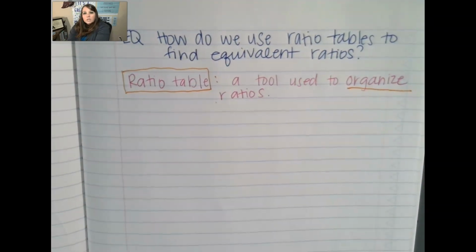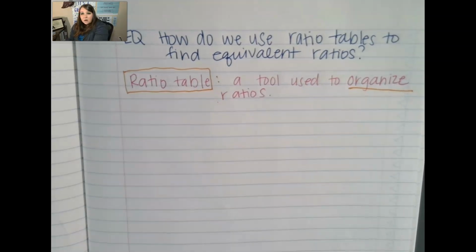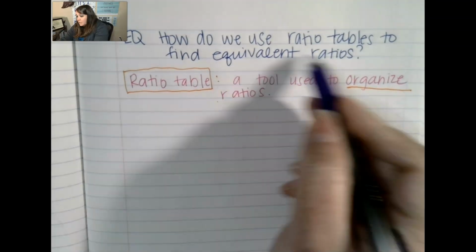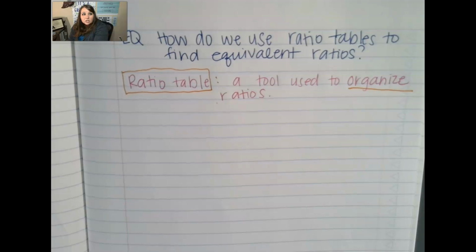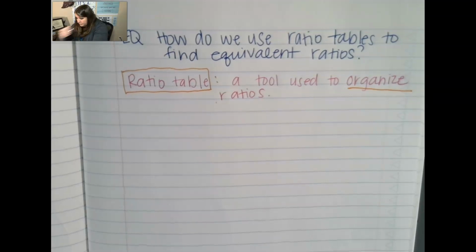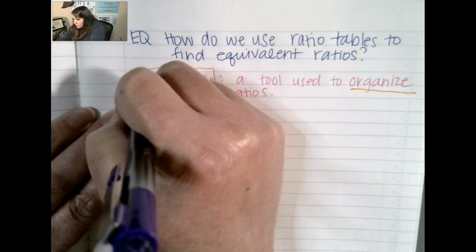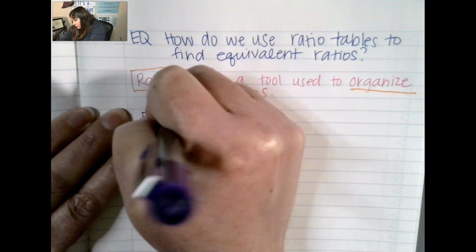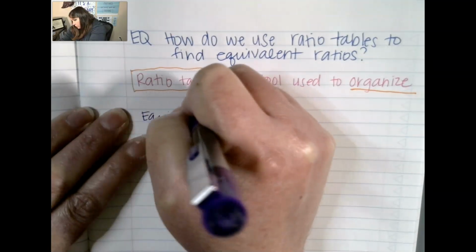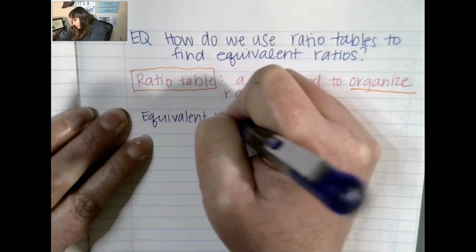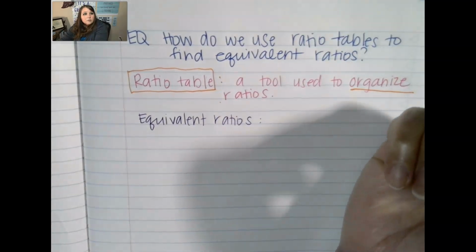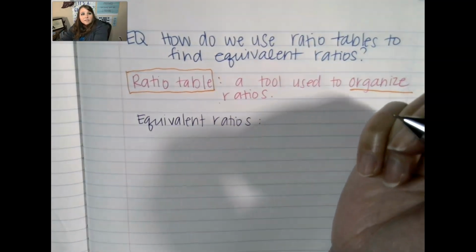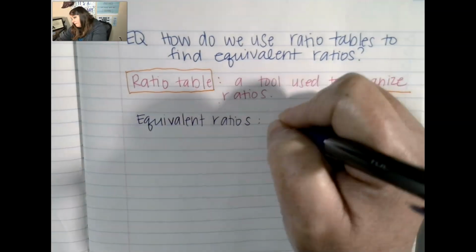And when we use this tool to organize our ratios, we are able to find equivalent ratios, or ratios that have the same value or the same relationship. So equivalent ratios are ratios that have the same relationship and the same values.